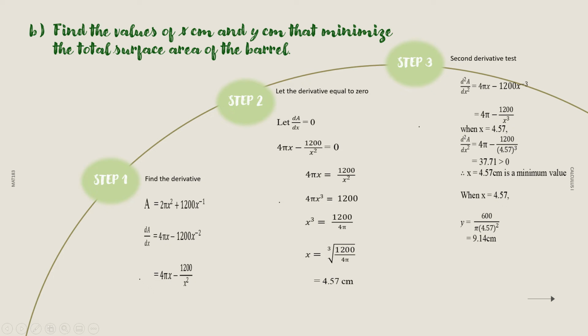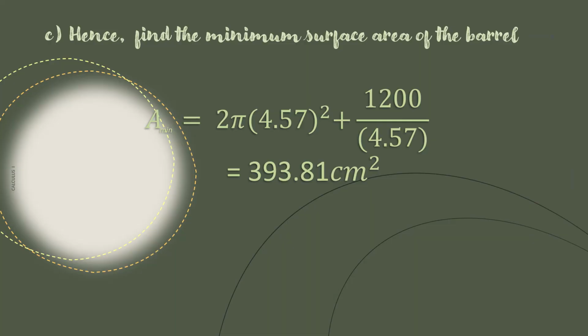So it means that x equals 4.57 is a minimum value. Next, we are going to find the y value. When x is 4.57, we substitute inside the y and it will be 9.14 centimeters.